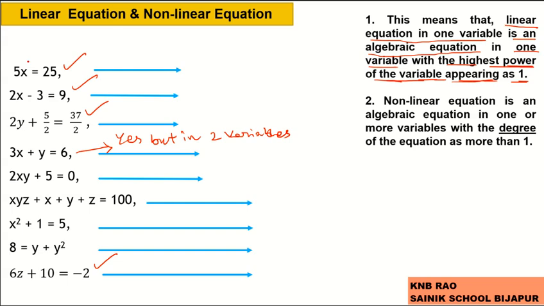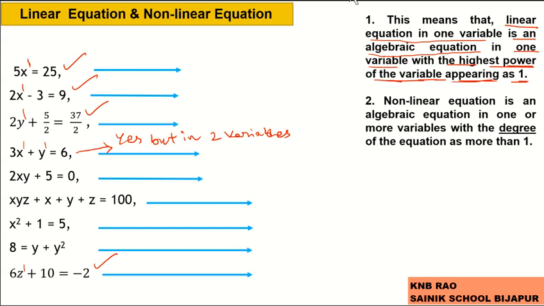You could see here that the power of the variable x is 1, the power of the variable x is 1, the power of the variable y is 1, the power of x is 1 and y is 1, here the power of the variable z is 1, whereas a non-linear equation is an algebraic equation in one or more variables with the degree of the equation as more than 1.